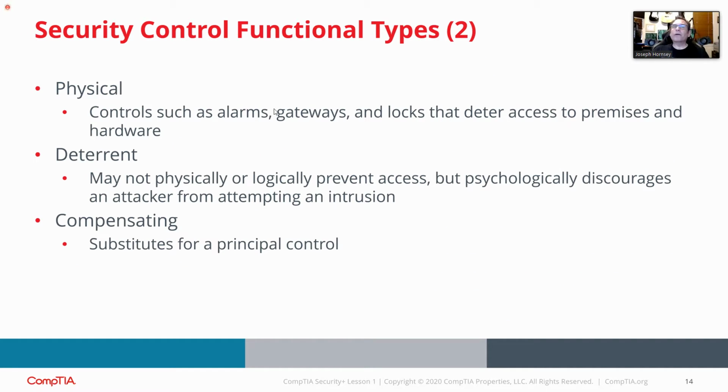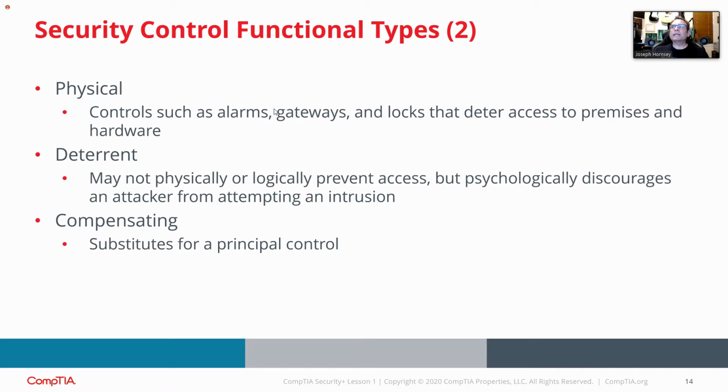Let's see, other types that you have. You have physical controls. These would be things like doors, windows, alarms, turnstiles, man traps, things of that nature. It could be a cable lock that you put on your laptop. That's a physical control.